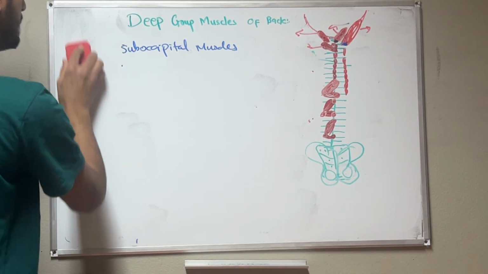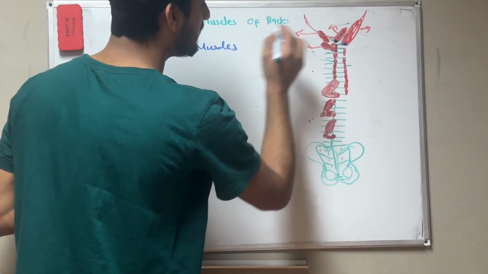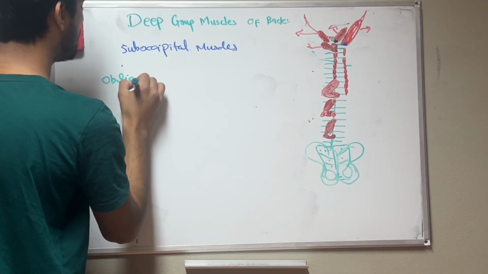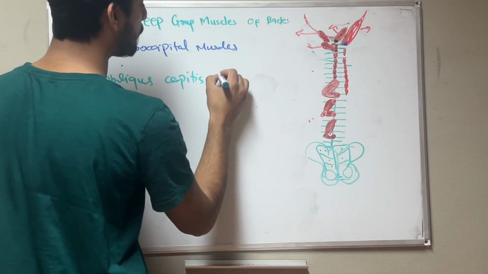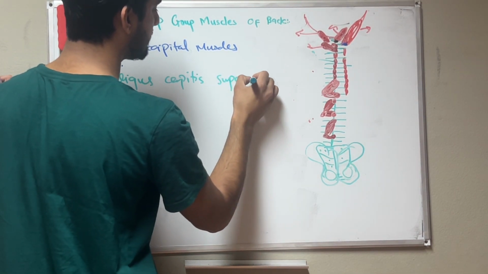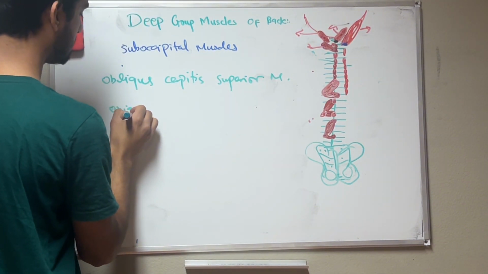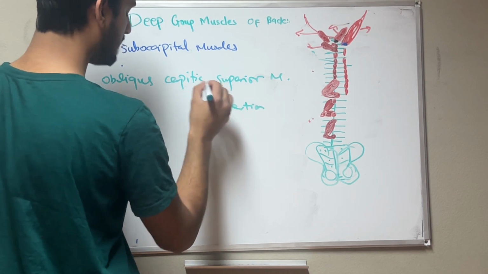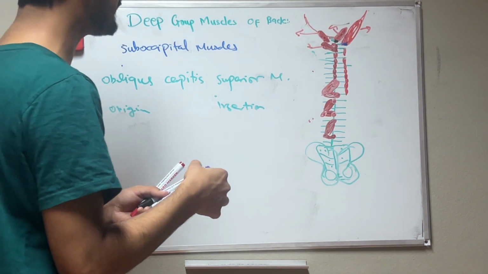Now next in the suboccipital muscles, we have the obliquus capitis superior muscle, origin and insertion. If we remember the bones, it is very easy, not difficult, okay.